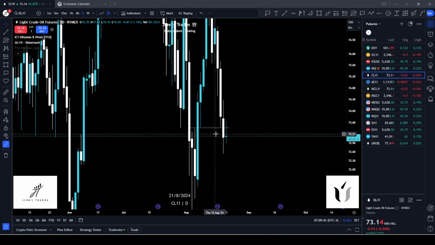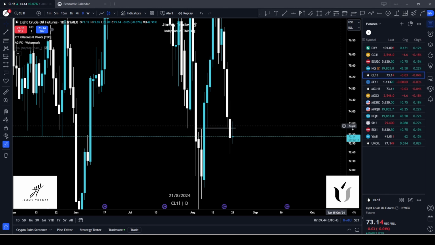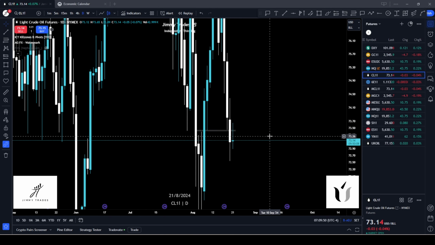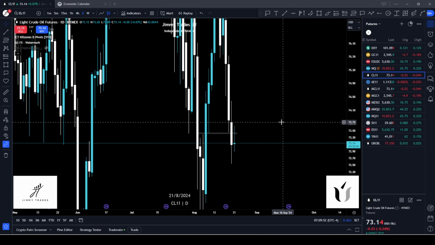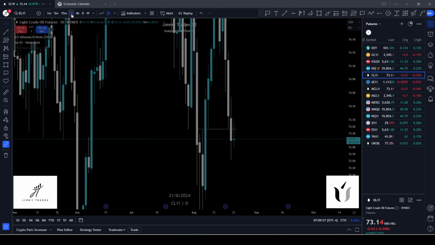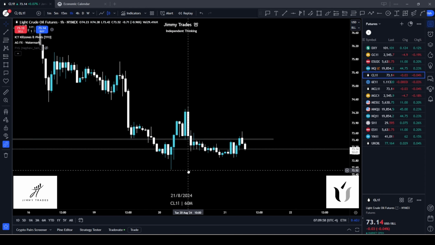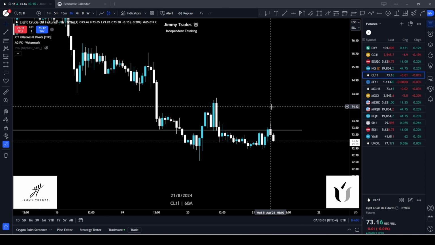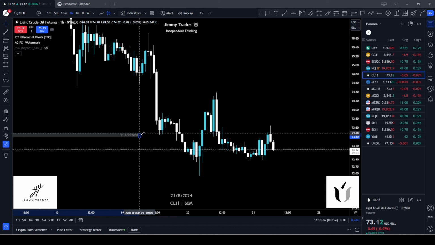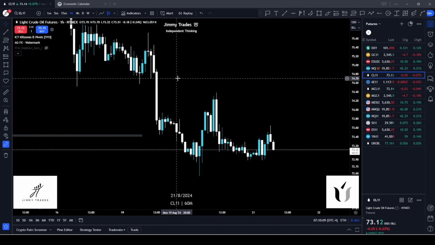And price was reacting to that level. So for me, I decided to take a bullish bias for the day. So with that in mind, I dropped down to the hourly. And here's that daily FVG.